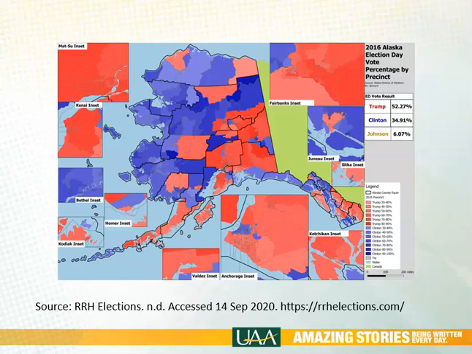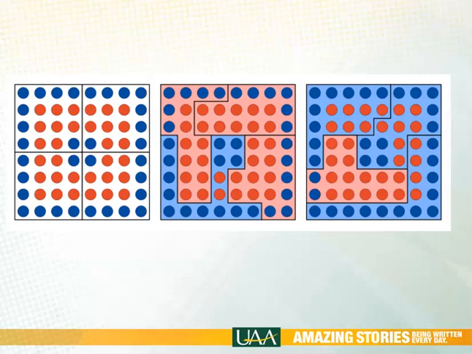The classic example of the modifiable areal unit problem that you're familiar with is the idea of gerrymandering, where you actually create districts that are meant to dilute some other part of data that you want to show. And so in this diagram that shows sort of an idealized gerrymandering set of solutions, on the left-hand side we see 4 districts. They're evenly split between blue and red.